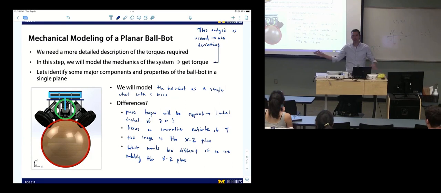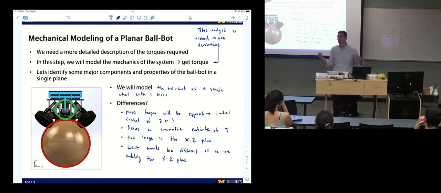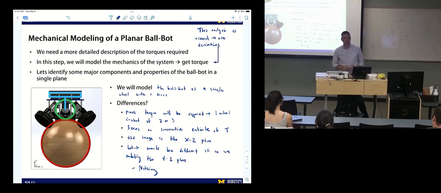We have an XZ plane and the YZ plane, which are the planes of motion. What would be different if we analyze the other plane? Couldn't it technically be the same, like you're just looking at it from a different side? Yeah, it's the same. Nothing would be different. This system is identical in these planes. So that's helpful. When we model one plane, it won't be that difficult to go up to a 2-plane model, which is very close to the 3D model, because these planes are the same.